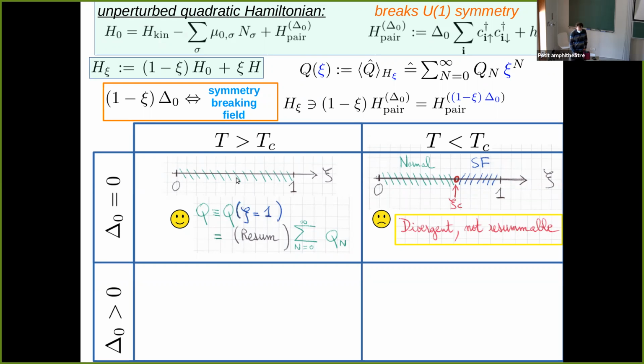So you are in the normal phase and you don't break the symmetry. And then everything is fine, at least in some part of the phase diagram. So your Q of psi is an analytic function of psi. There is no singularity anywhere here. And therefore, you can get the correct result either by summing up the series, or if it diverges, if there is some singularity, for example, over here on the left, then you can resum it.